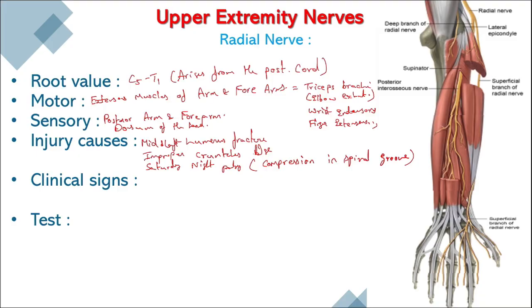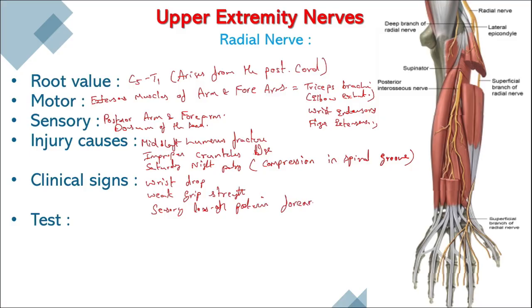What are the clinical signs? Wrist drop, where the wrist drops, and the patient has weak grip strength. There is also sensory loss on the posterior forearm and hand.